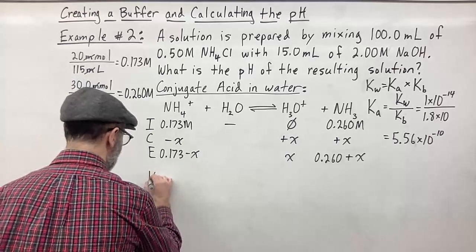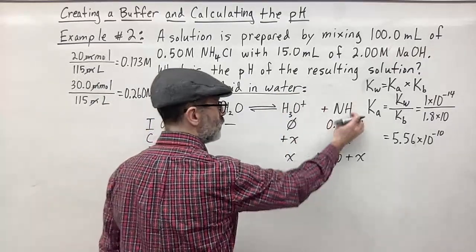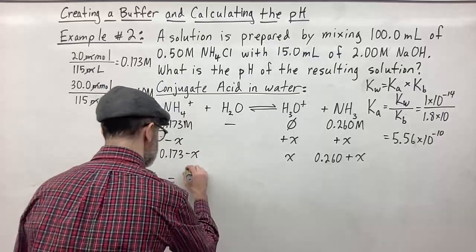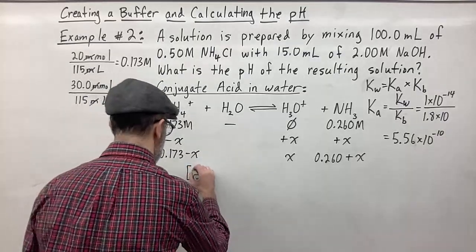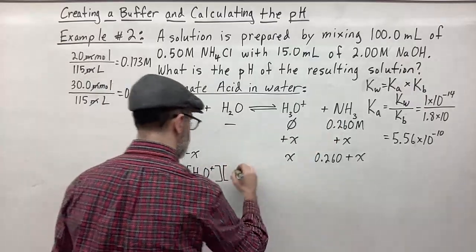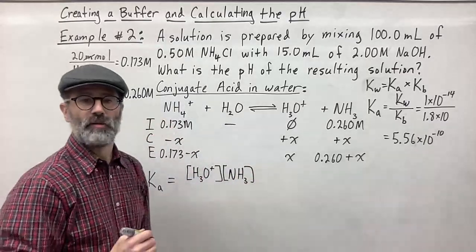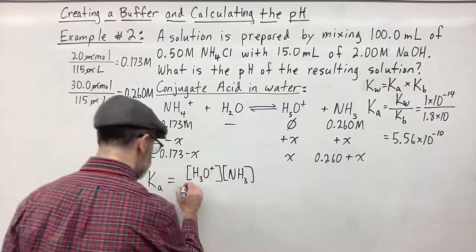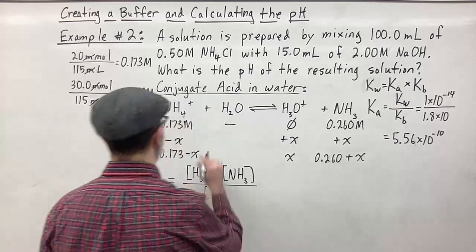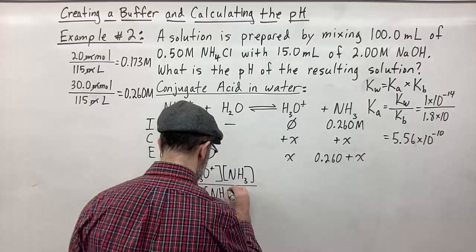So the Ka for this, the expression is going to be the concentration of products over the concentration of reactants. So here, it's going to be the concentration of H3O+ times the concentration of the ammonia, right? So here, we're now going to divide by the concentration of the reactant, the ammonium, NH4+.